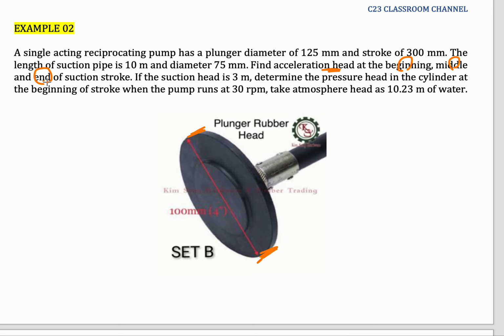The graph of the flow rate can be written like this, a sinusoidal graph. Sometimes it can be at this point, and at this point. That is why we calculate at the beginning, the middle, and also at the end of the suction stroke.